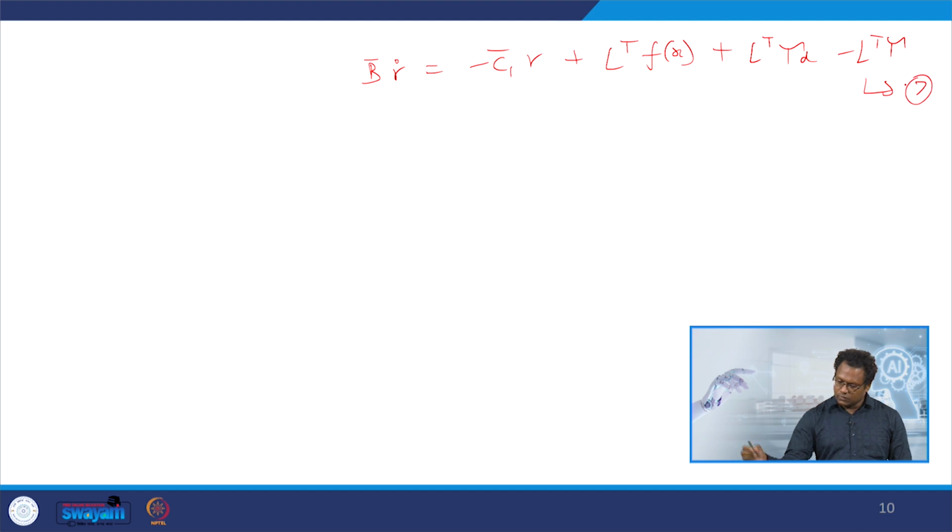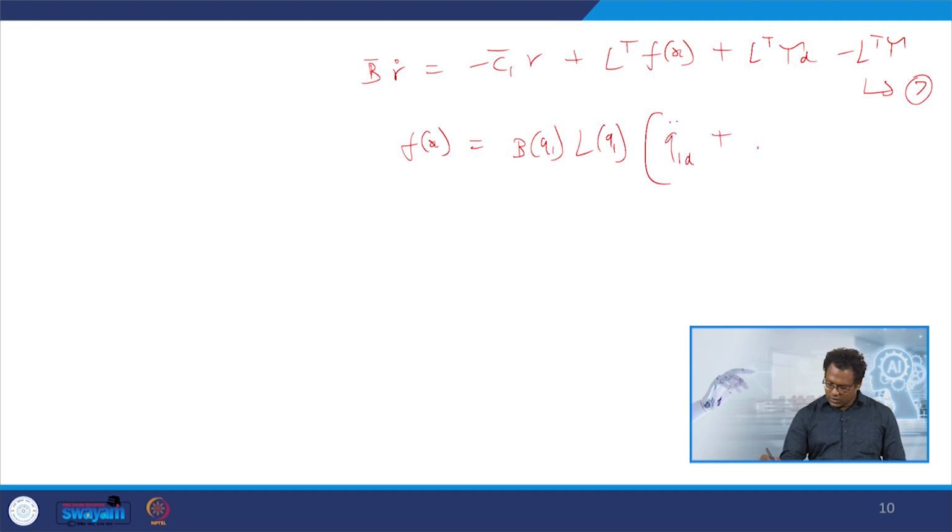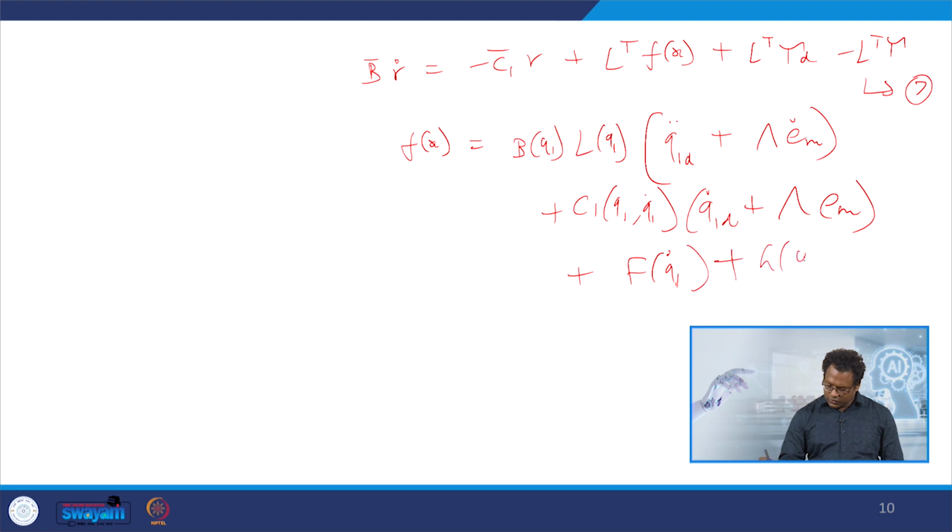Say this is equation number 7, where the robot nonlinear function f of x is given by B of q1 L of q1 multiplied by q1d double dot plus gamma plus lambda Em dot, plus C1 of q1 comma q1 dot multiplied by q1d dot plus gamma Em, plus f of q1 dot plus g of q1. That is equation number 8.